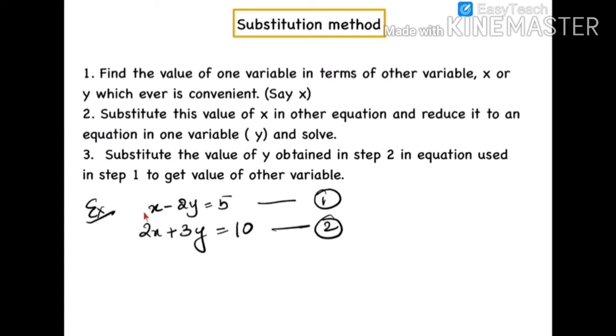In equation 1, the coefficient of x is 1. So it's easy to write x in terms of y, as there won't be any denominator. So using equation 1, x will be equal to 5 plus 2y. Now we will substitute this value of x in equation 2.